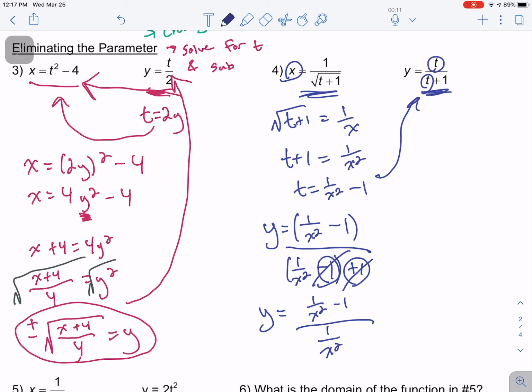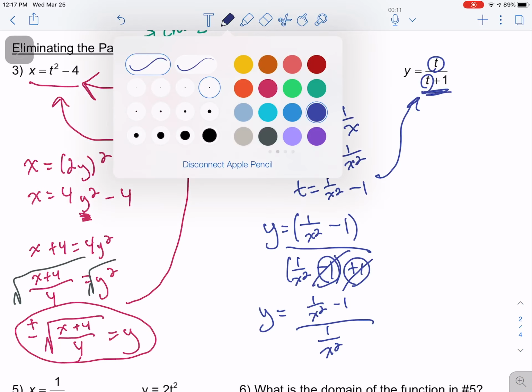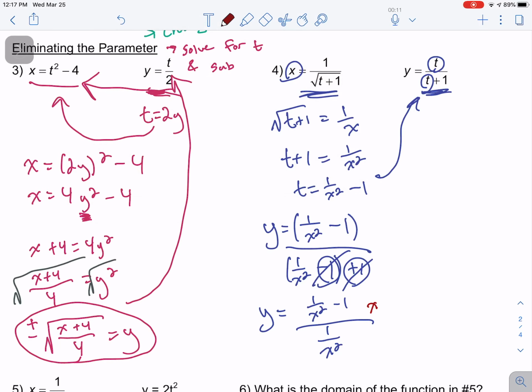Okay, so let's go ahead and make this look nice here. So I'm going to multiply the top and bottom by x squared. Perfectly legal, because I'm multiplying the top of the fraction and the bottom of the fraction by the same thing. Why did I pick x squared, you must be thinking? Well, I see this denominator is x squared. So if I multiply by the x squared, it's going to get rid of any fractions inside those fractions. So let's do it.